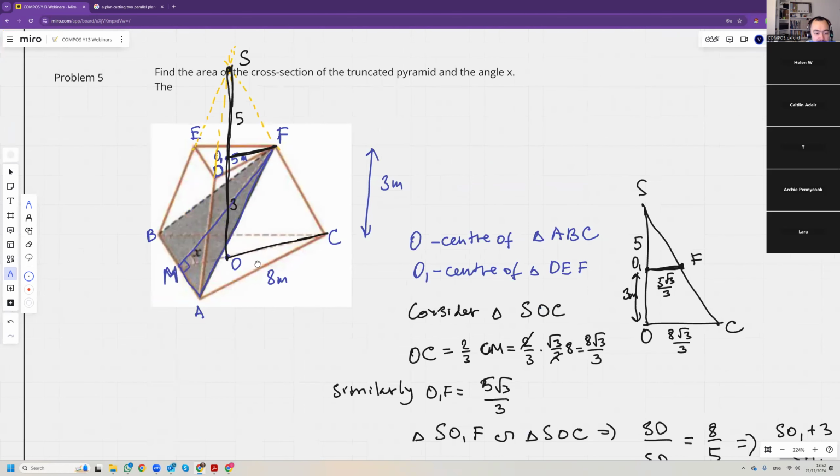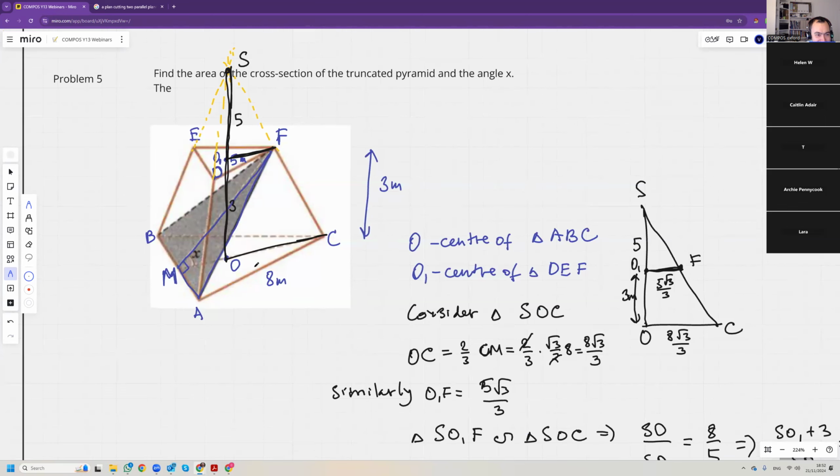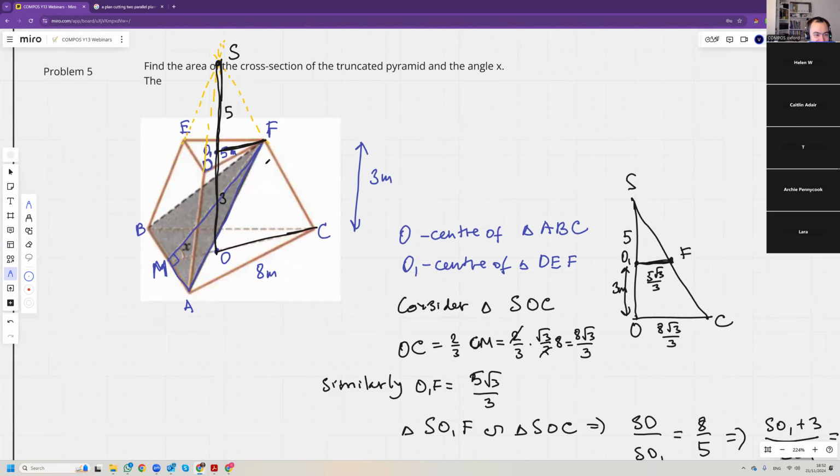And what does that give us? We can find that this is 3.